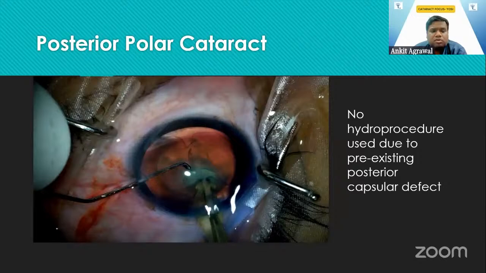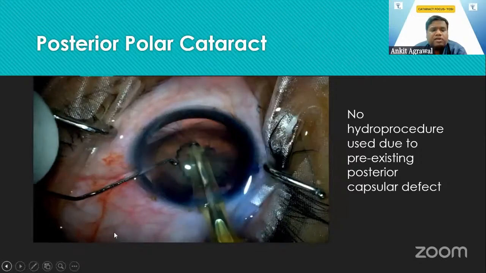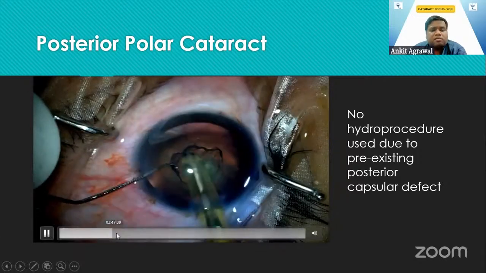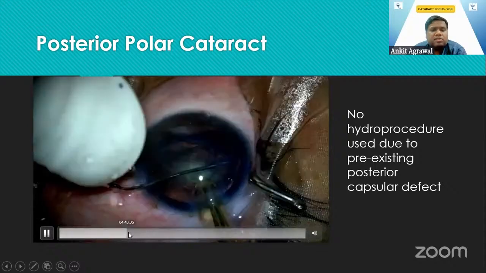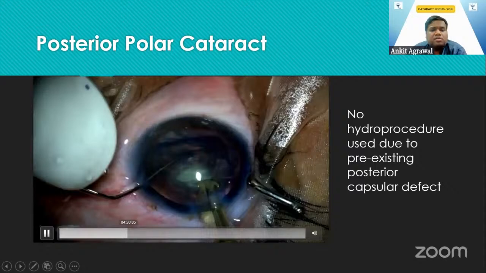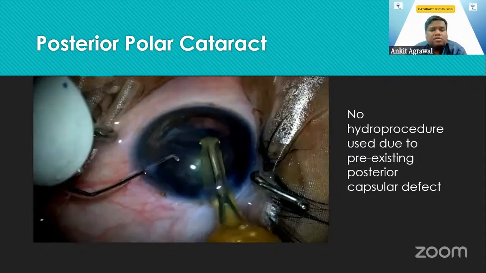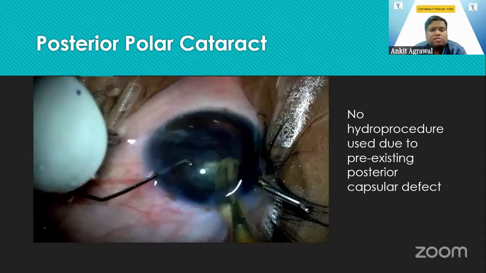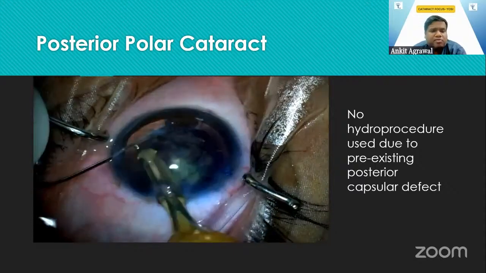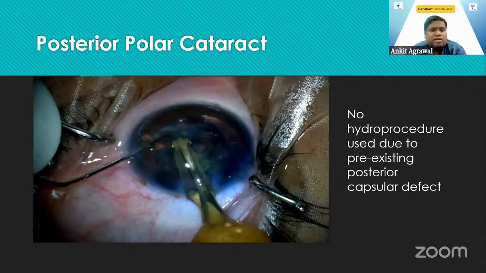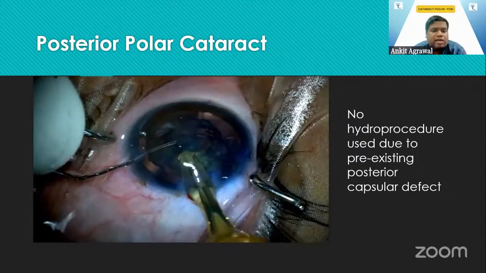This way, I'm just removing the bulk of the nucleus, leaving behind the cortical area beneath. Now, slowly using my phaco probe only, I will eat up the peripheral nucleus, leaving the posterior polar area for the last.